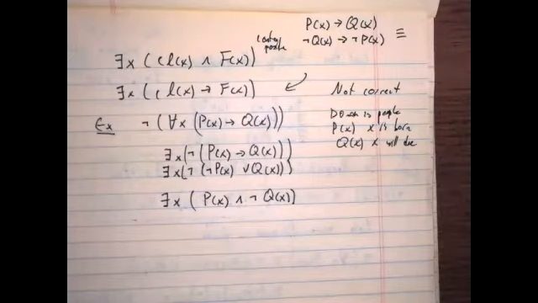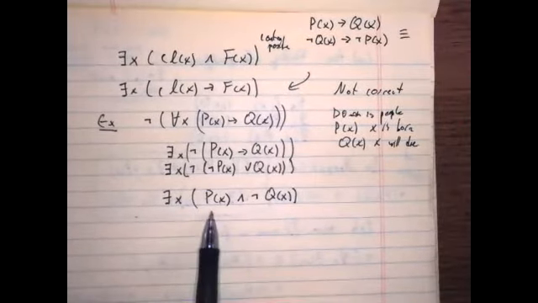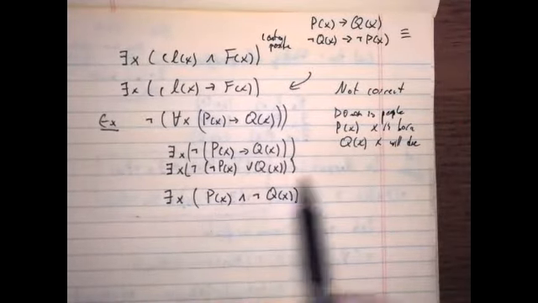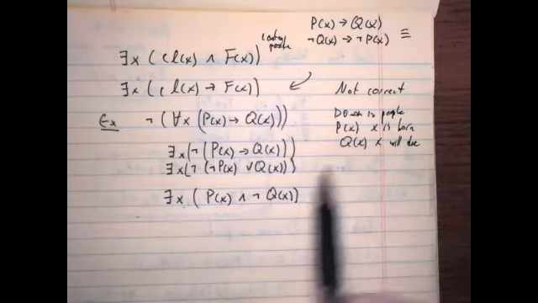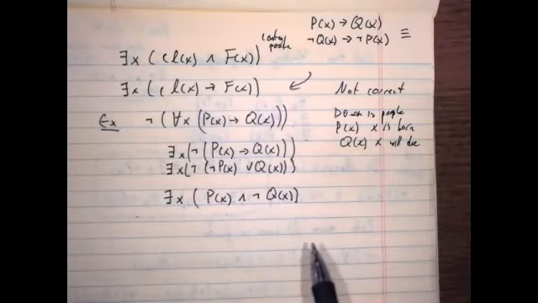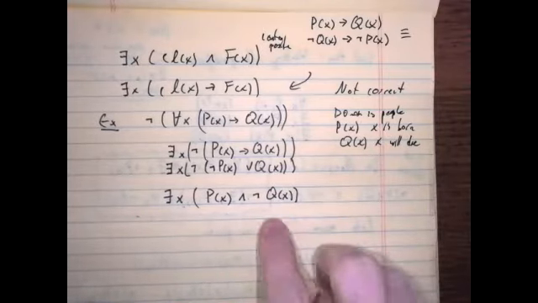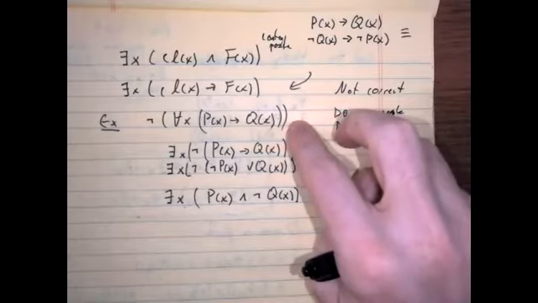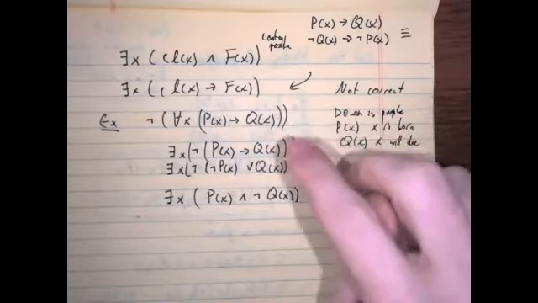There exists somebody who will be born and not die. Right, there exists a person who is born and who will not die. That's equivalent to, it is not the case that for all people, if they are born, then they will die.